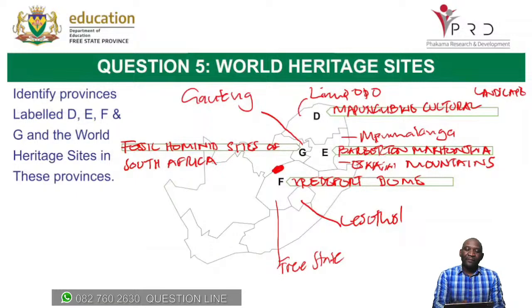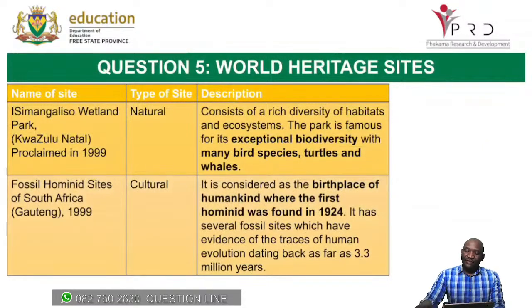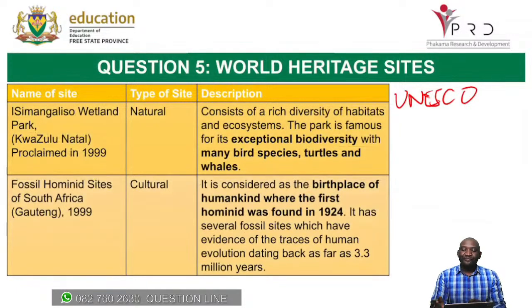And remember, they are World Heritage Sites because they have been identified by an organization which is called UNESCO. I think we looked at this in one of our lessons, and we said UNESCO stands for, what did you say UNESCO stands for? United Nations Educational, Scientific, and Cultural Organization.